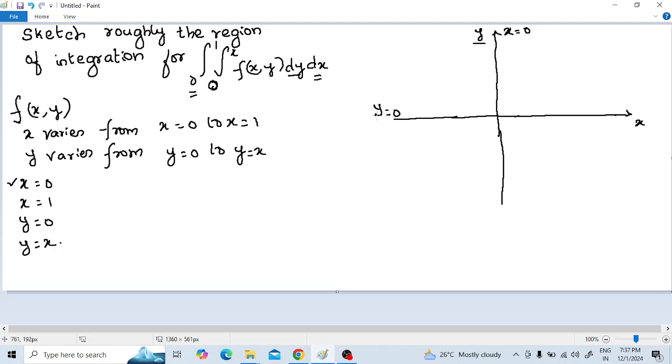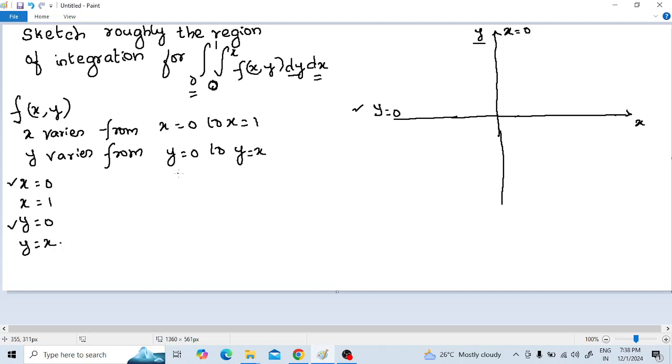We need to find out the bounded region. In order to find the bounded region, we need to take the given equations and plot them in the graph. So x equal to 0 corresponds to the y-axis, and y equal to 0 corresponds to the x-axis. So these two lines will be included.